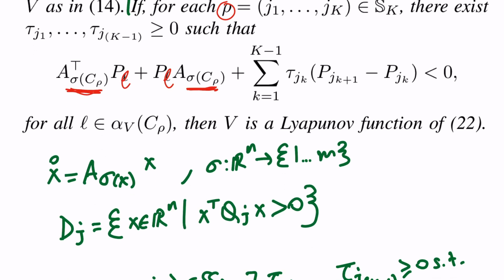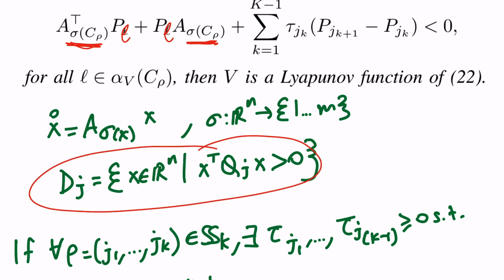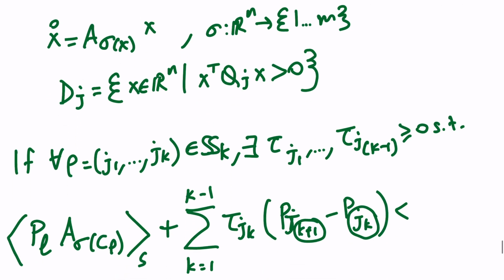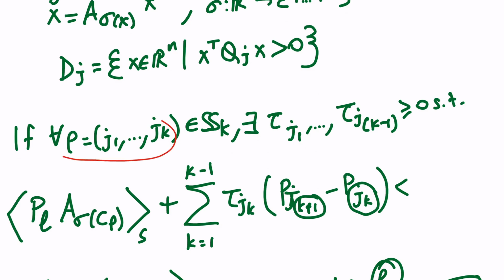Okay, this is the linear switched system, switching mechanism, partitioning, subsets of the state space, and then corresponding matrices for all permutations.